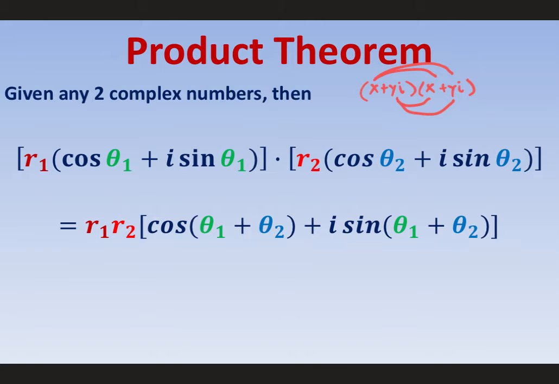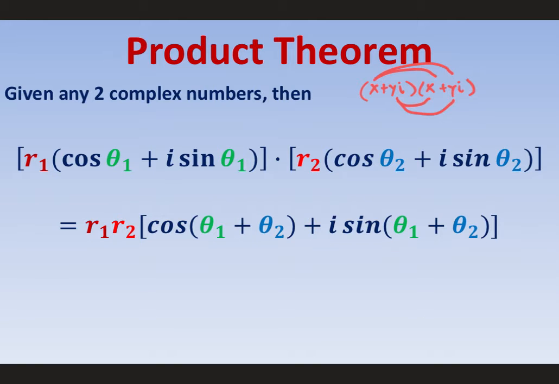In polar form, all you have to do is multiply the coefficients. So these are two polars, r1 CIS theta 1 and r2 CIS theta 2. You multiply the two coefficient numbers, r1 and r2, and then you add the two theta values, theta 1 plus theta 2. Now, I have this written in the expanded form.